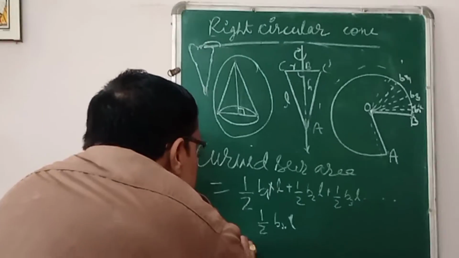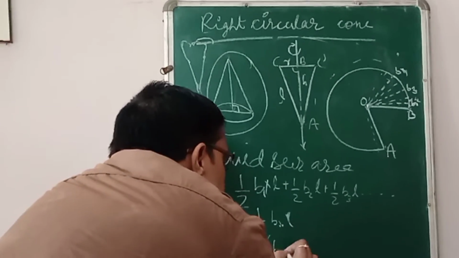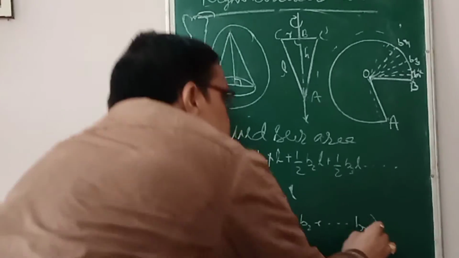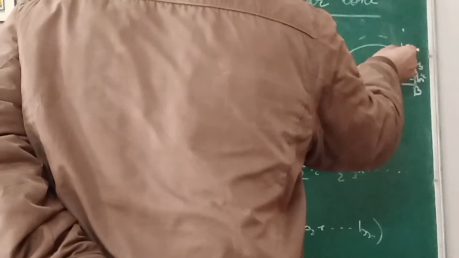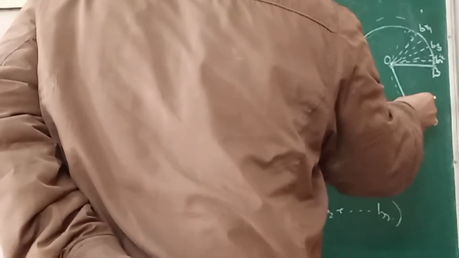Upon adding, half L is common, times B1 plus B2 up to Bn. What is this? B1, B2, B3, B4, B5, B6, B7 up to Bn is the circumference.